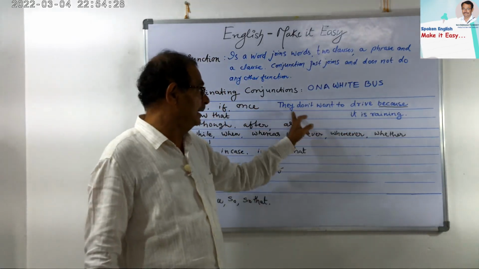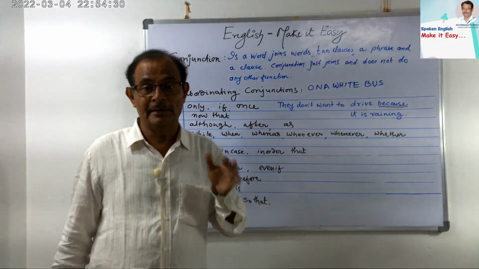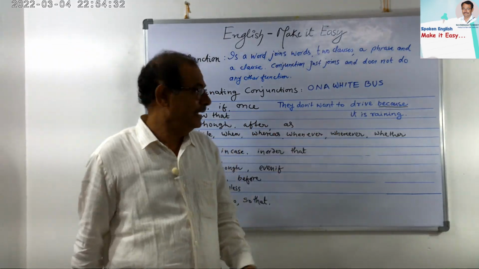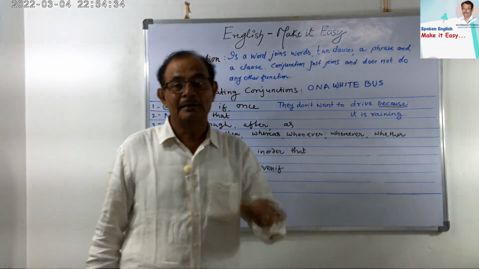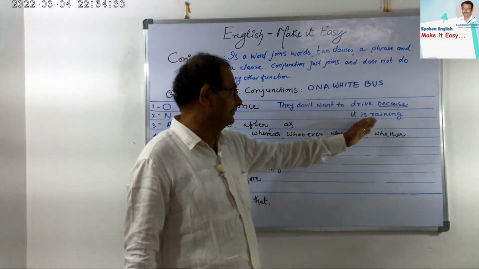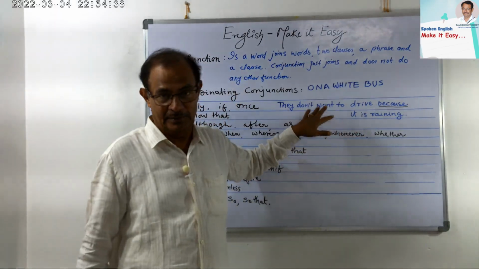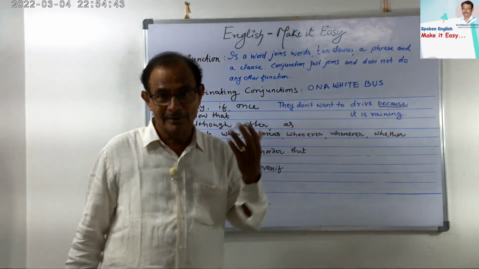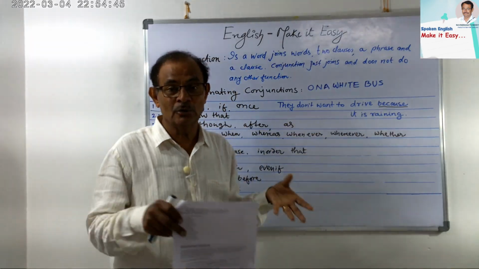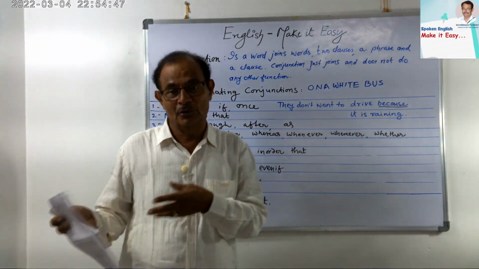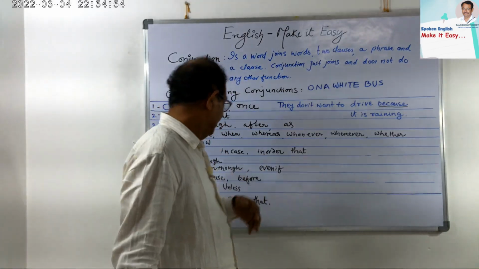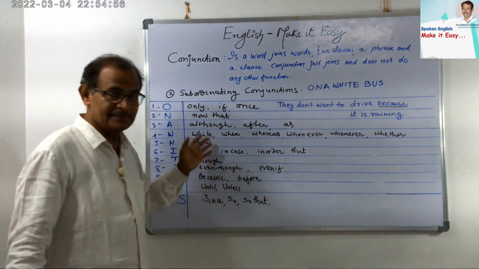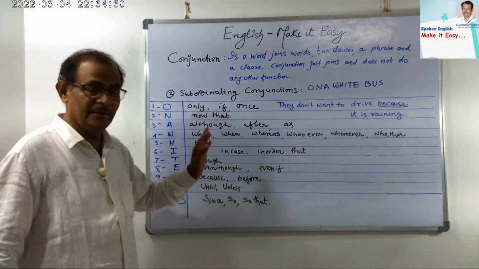So "they don't want to drive" is an independent clause, the main clause, and "it is raining" is a dependent clause, showing cause and effect. "They don't want to drive" is the effect. What is the cause? Because it is raining. I could not go to the park because it was raining yesterday also. You can take all these conjunctions and use them.